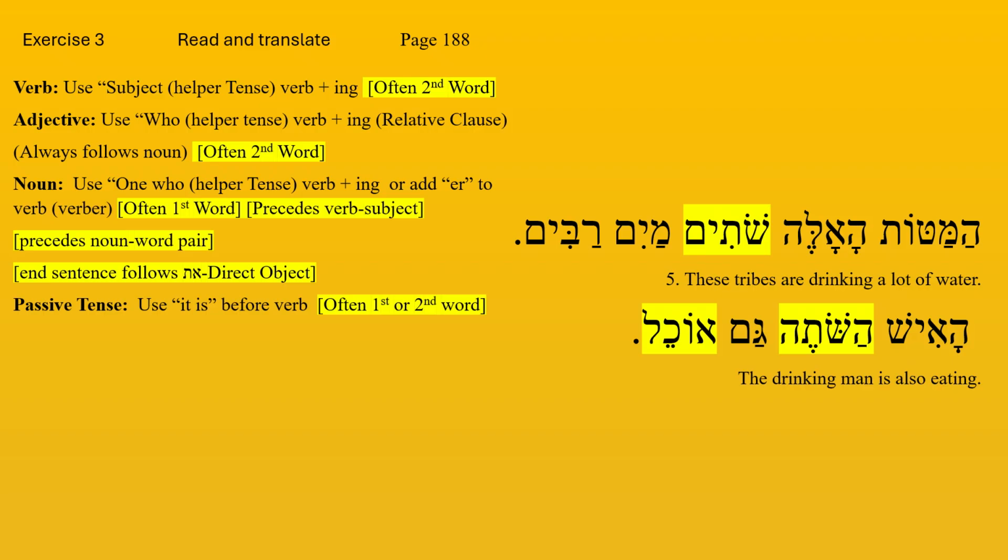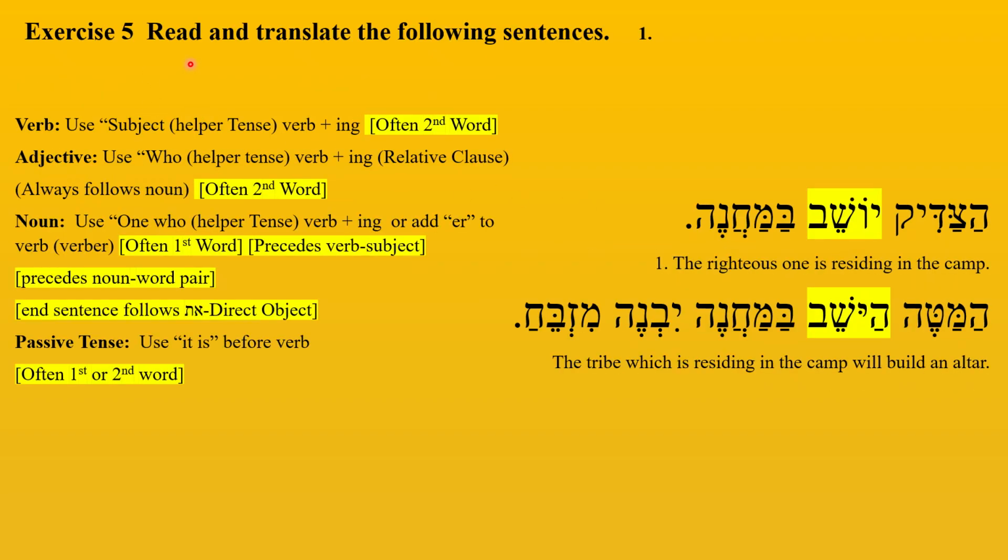Okay, moving on. Exercise 5. Again, we're going to locate the participle. We're looking through here. This is the only one that has the participle form. It's the verb sit, settle, or reside. It's in the second position. So most likely it's the verb. Let's find out.